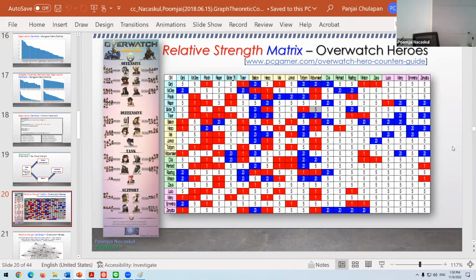Now, here's the thing. When I talk about neighborhoods and adjacent districts, it's symmetric, right? In this case, it's not. This is like a relative strength index. All the Overwatch characters, I have no idea who these guys are, these are computer game characters, have a relative strength index.